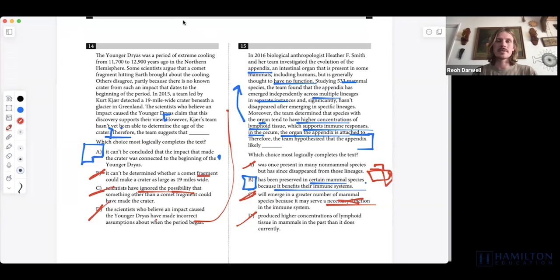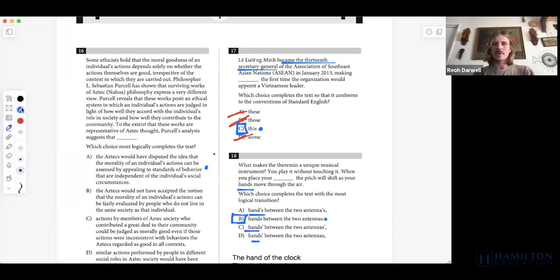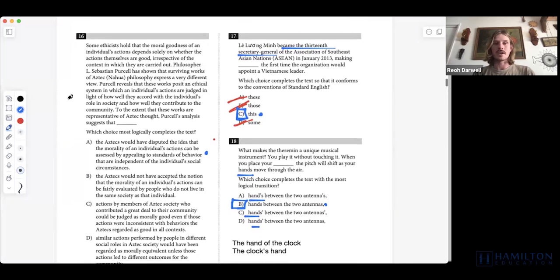All right, question 16 here is actually one of the more interesting questions I've seen on this digital SAT. It's actually kind of an interesting passage. All right, so we are in philosophy here. Okay, so what's an ethicist? An ethicist is someone who is contemplating what is the moral imperative of people, right?